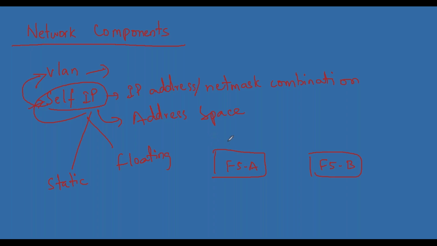The self IPs which are specific to one appliance will be called static self IPs, and self IPs which are common, where the IP will be configured on both the appliances, that kind of self IP is called a floating self IP. Among these two devices, whichever has the active role will take the responsibility of that floating self IP.